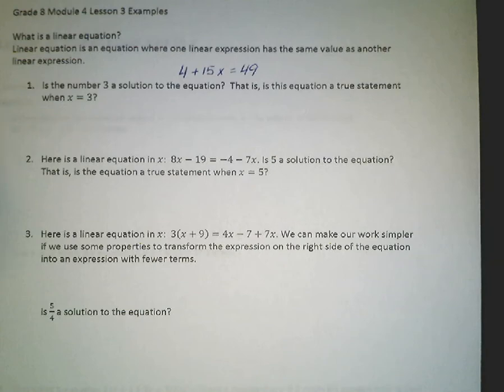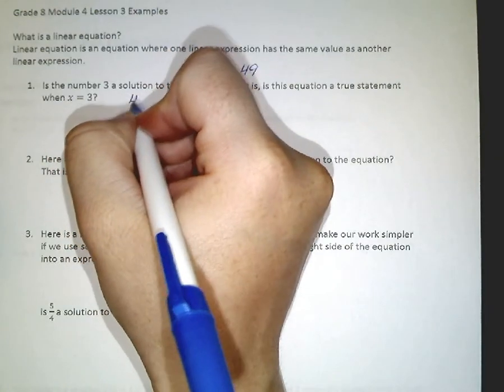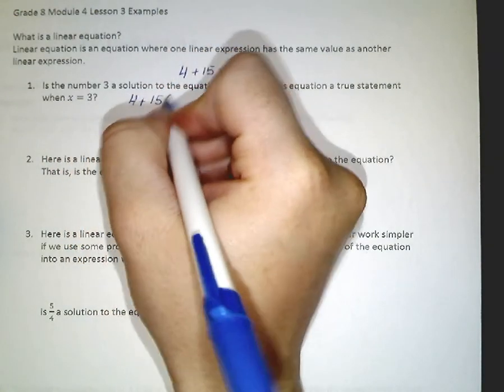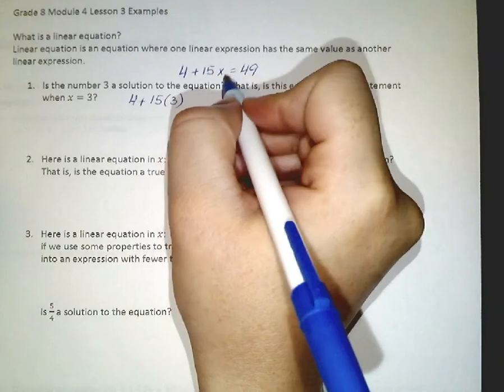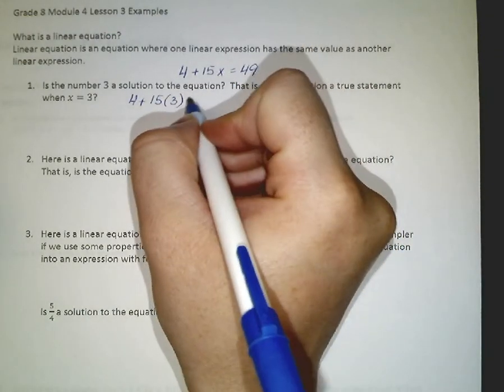We would substitute 3 instead of the x and simplify it. So we will write 4 plus 15 times 3. Remember that when x stands next to 15, it means multiplication, equals 49.